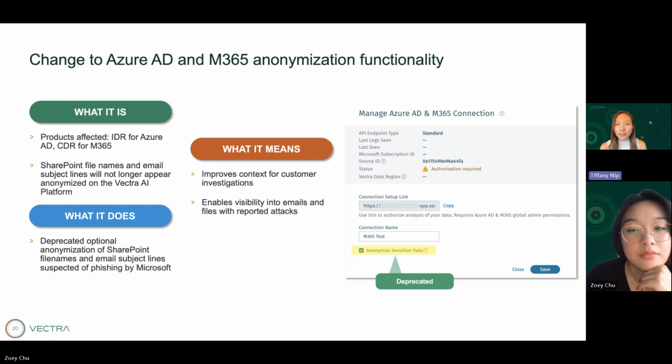What it means for customers is that it gives them more context in their investigation, and it also enables more visibility into the email subject line and the file names when they are investigating attacks. So yeah, that's pretty much it. Overall more context, and that's really important in investigating and responding to threats. That's a great improvement.